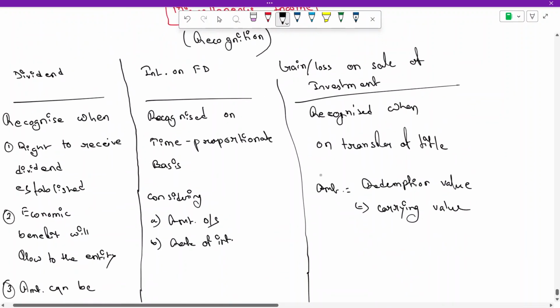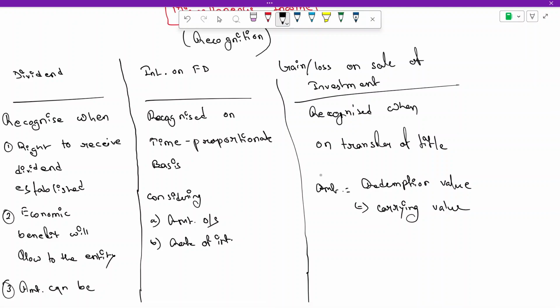For interest on FD, recognized on time proportionate basis, considering amount outstanding and rate of interest. Gain or loss on sale of investment will be recognized on transfer of title. Amount will be redemption value minus carrying value.